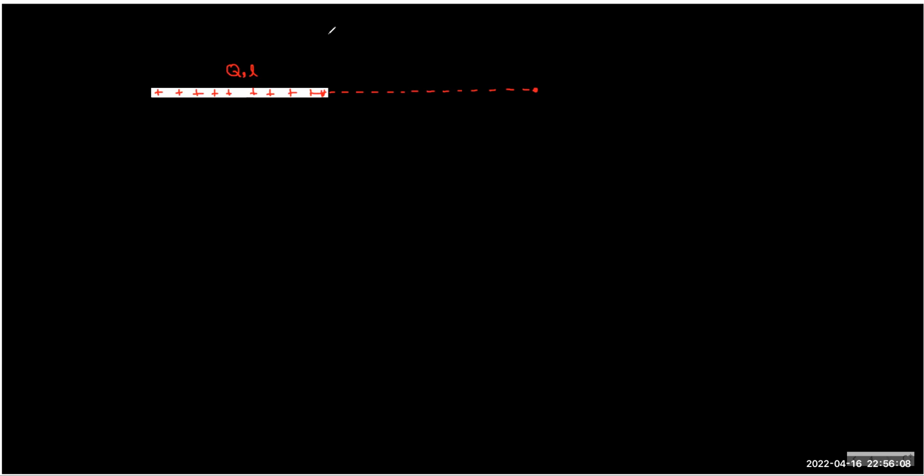Now if I call this length also L, the question is how much will the force between them be if I bring some charge here. So it's very easy to write KQq. R minimum is L, R maximum is 2L. Yes, sir. So the answer is KQq by 2L square.